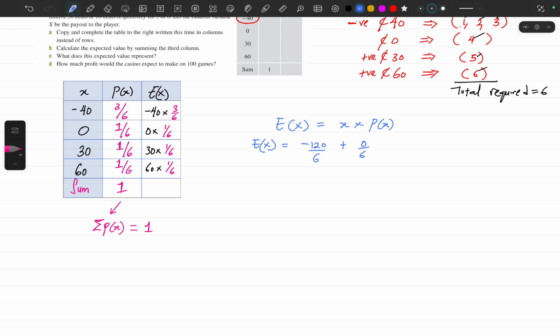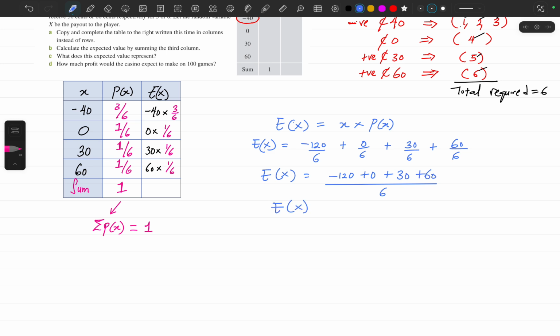Then plus 30 times 1, that's 30 over 6, plus the next one, 60 times 1 over 6, that's 60 over 6. Everything will be over 6, and then you get minus 120 plus 0 plus 30 plus 60.